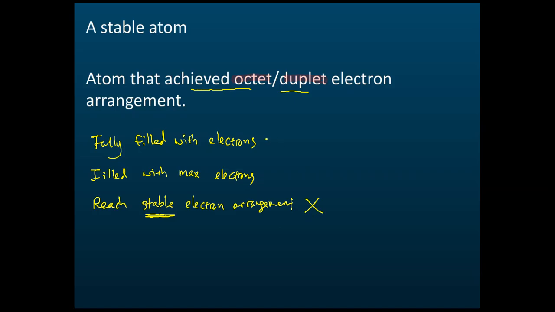Now for these two, sometimes the marker may still give you the mark, but actually they are not accurate. Why? Because the first shell can fill with a maximum of 2 electrons, right?